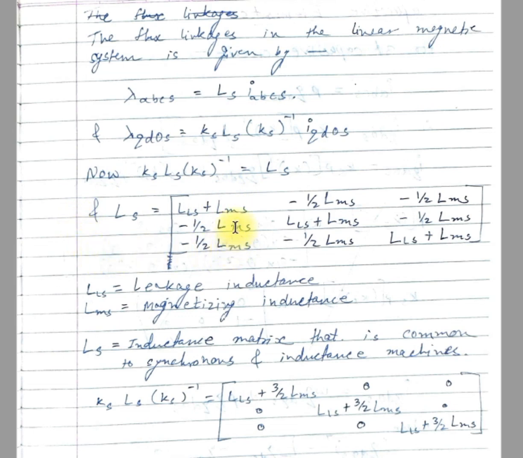Now if you see, all the non-diagonal terms are minus 1 by 2 LMS. In this particular matrix, the term LLS is nothing but the leakage inductances, whereas LMS are the magnetizing inductances.